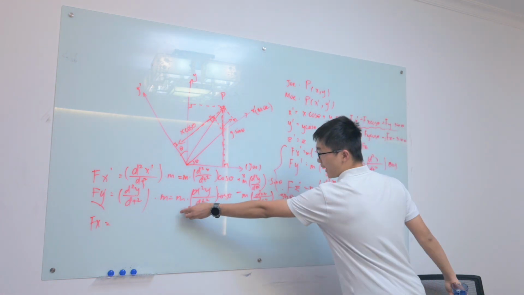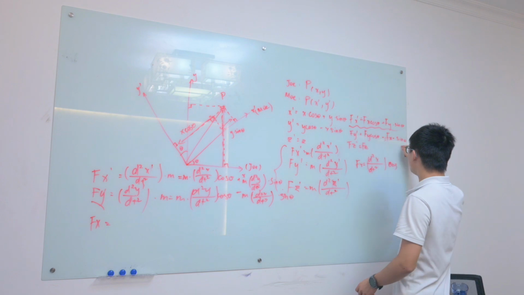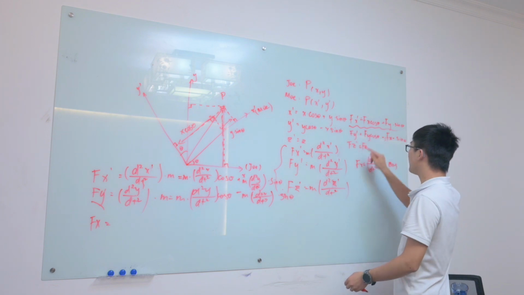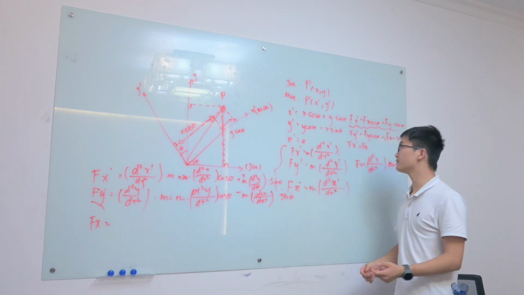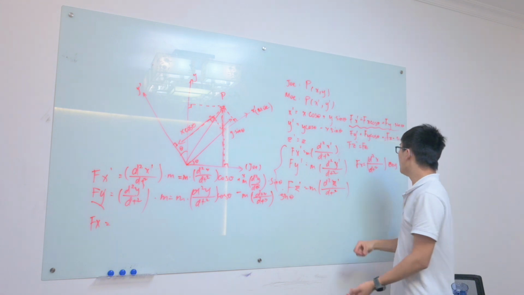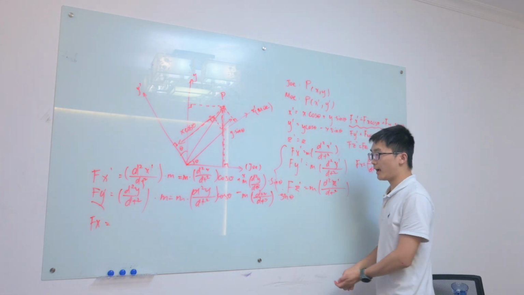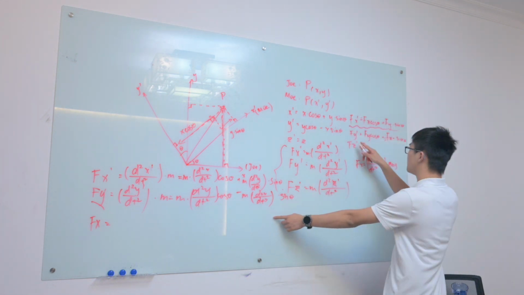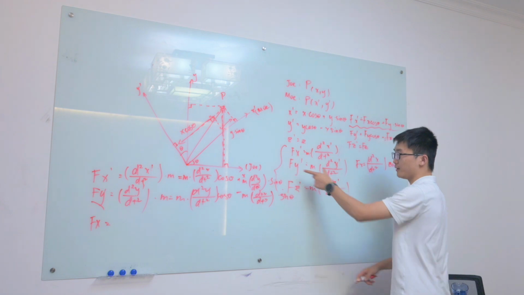Now we compare this part with this part, and we know that fy actually equals the second derivative of y over t squared times m, times cosine theta, and so these two are identical.